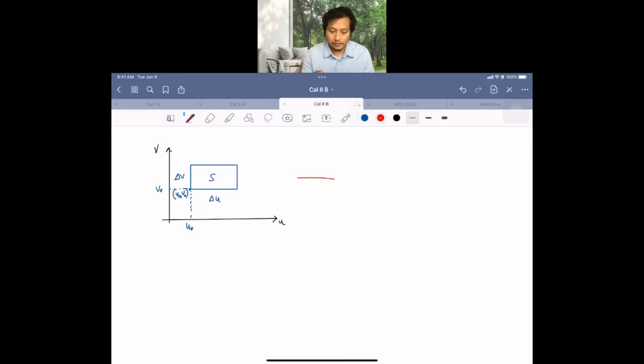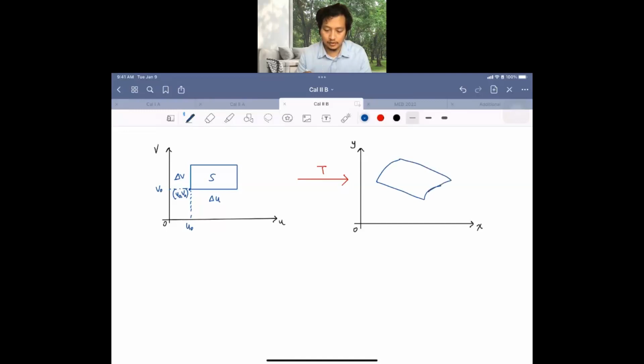And let's say we have a transformation. And let's say we have y and x as our usual rectangular coordinates. And we have, let's say, something like this, and we call this r.